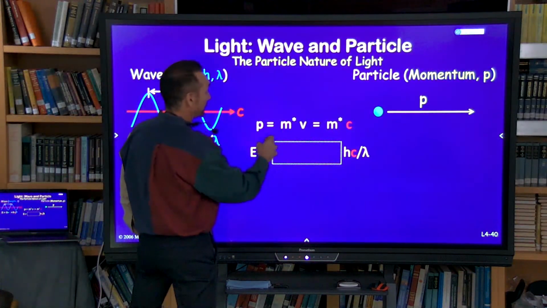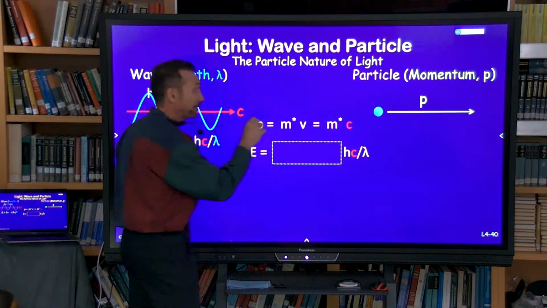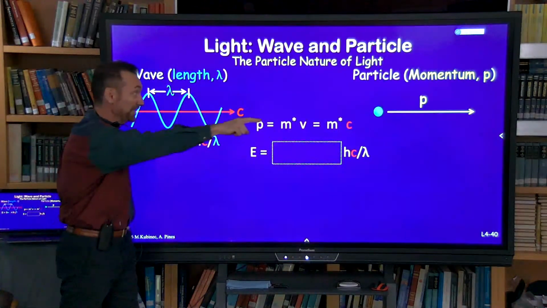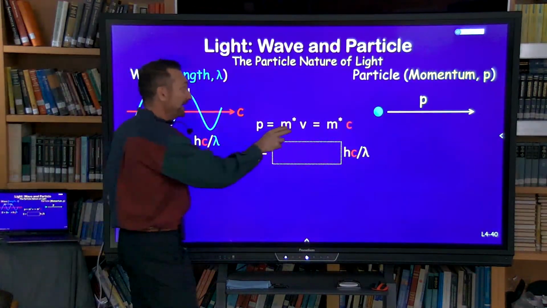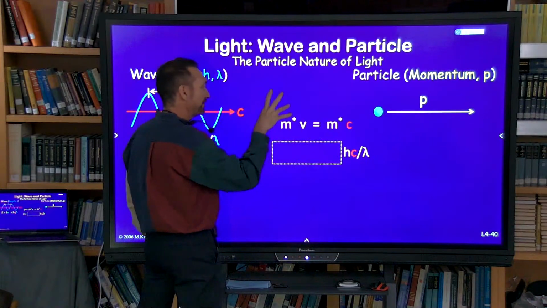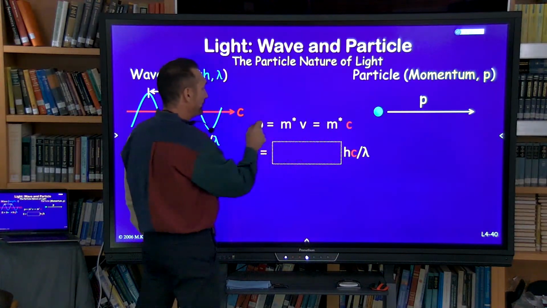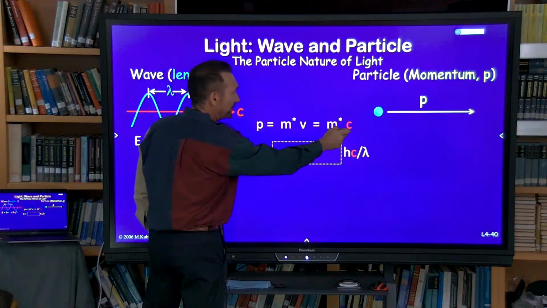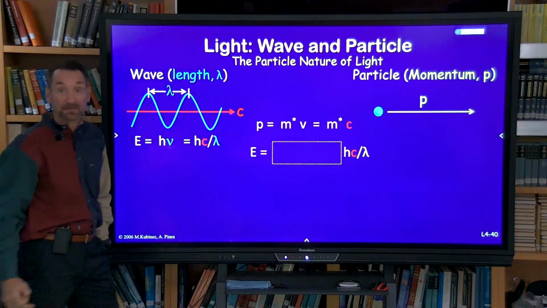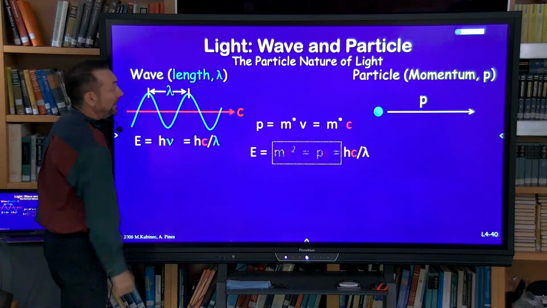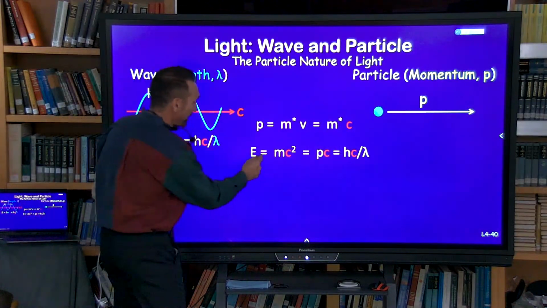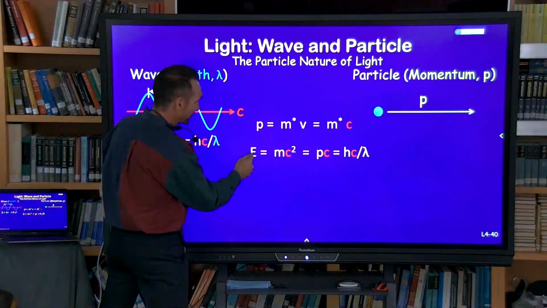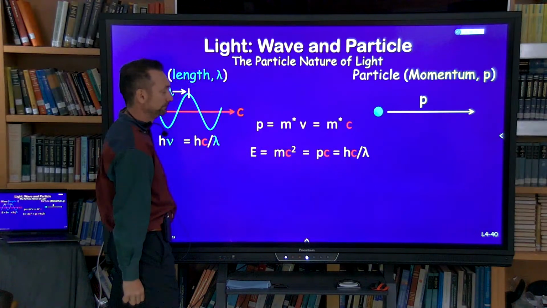It's a relativistic mass, but we do know their energy, because their momentum is related to their energy. So you can write m times v, or m times c, because they're moving at the speed of light. And I could use then Einstein's famous equation, E equals mc squared.